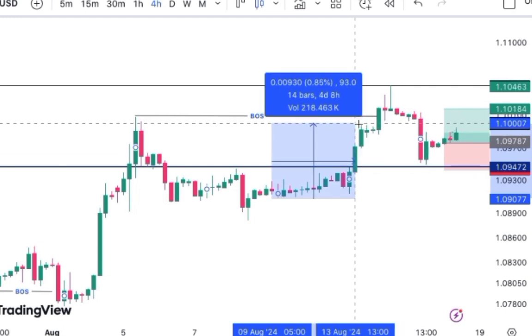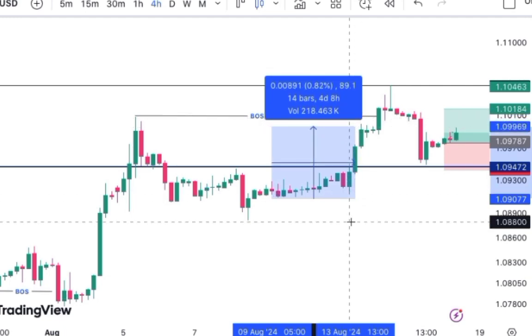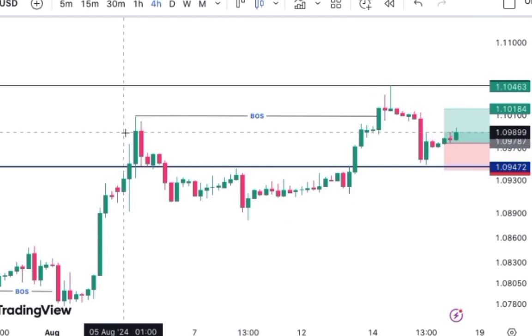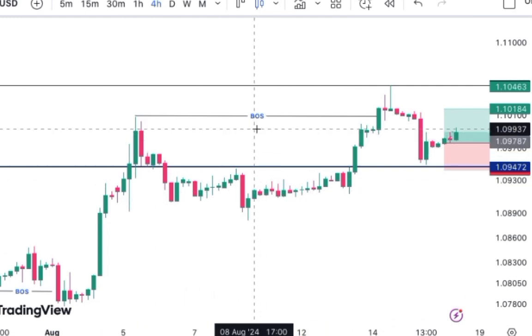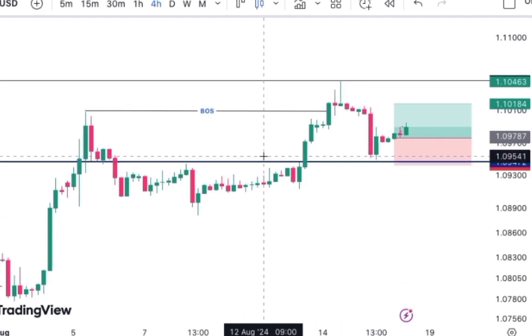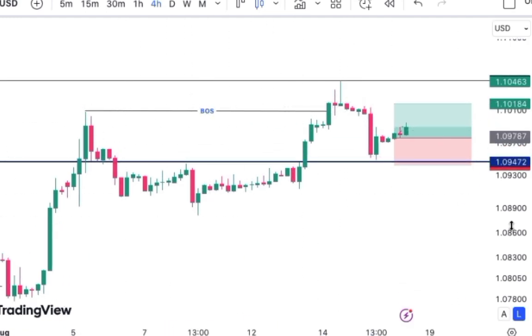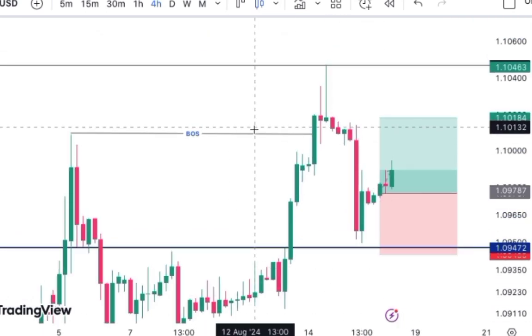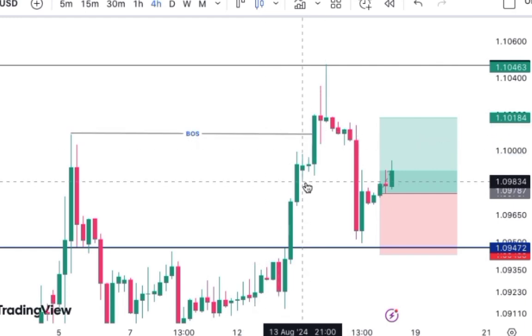At times markets do not get up to here, but for you to be on the safe side, you have to set your take profit on the safe side, which is here, the body of the candle. The body of the candle is the first target, then the wick is the second target. So you see that the moment it breaks structure again, it broke to the upside again, then you wait for a retracement.